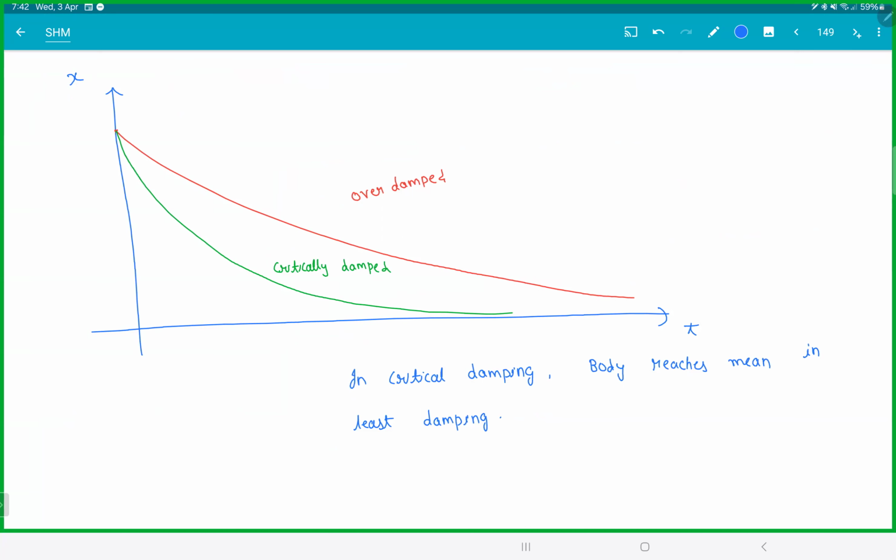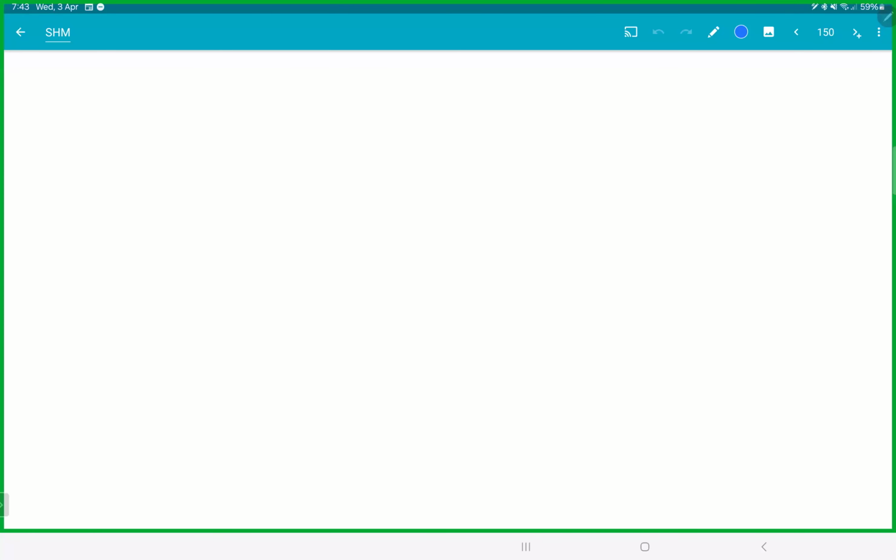Case 3: if the roots are imaginary, this is underdamped.